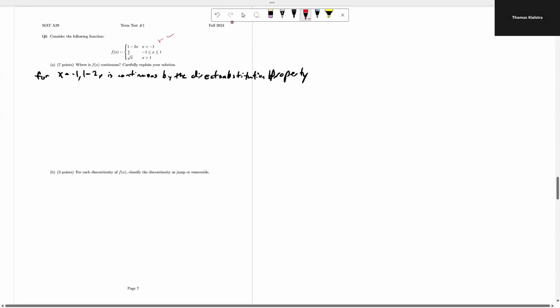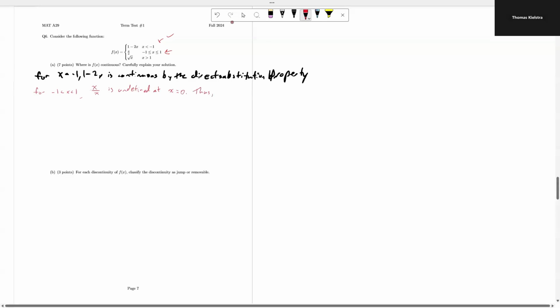Now for this middle piece, I can't look at the boundary points. I can't look at minus 1 and 1 using the direct substitution. I can look in between. Now for minus 1 less than x less than 1, x over x is undefined at x equals 0.